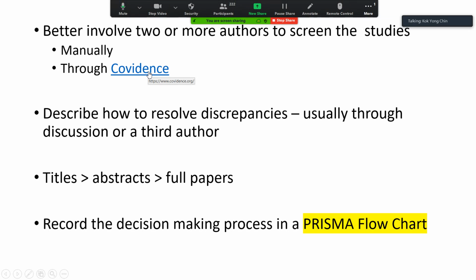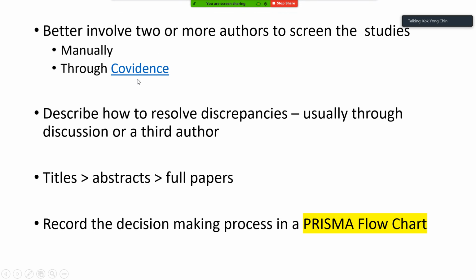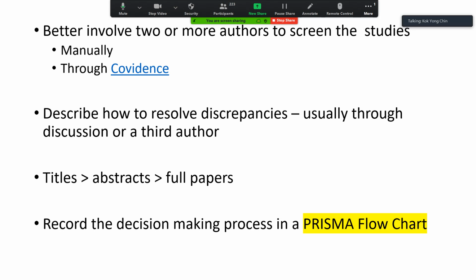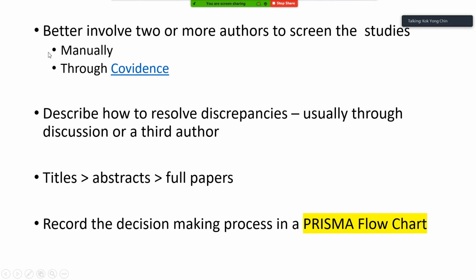I might not have time to go through Covidence with you, but just take note of this word and go to its website and explore its functions later when you have time. But you establish a mechanism whereby 2 or 3 authors can screen the studies one by one together. You might also want to decide how to resolve discrepancy.